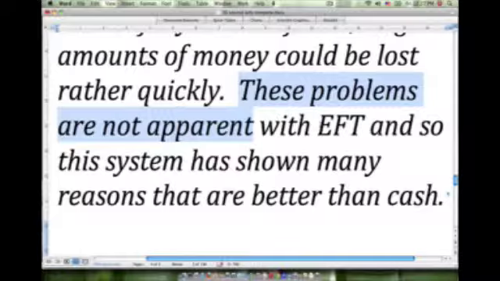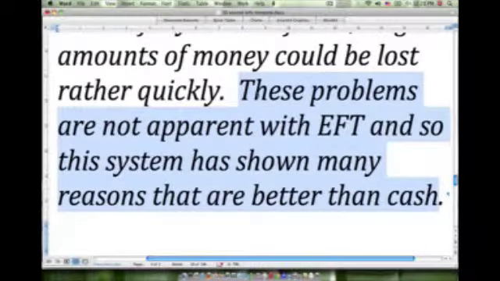So they're saying because of this, it's clear that electronic money is better than, now they use the word cash, we probably want to use maybe a word like paper money or banknotes perhaps. So let's try to word this again. The beginning's okay, but let's try to change this a bit.